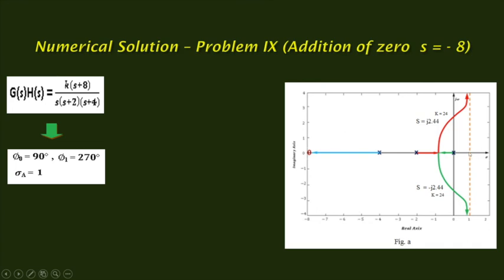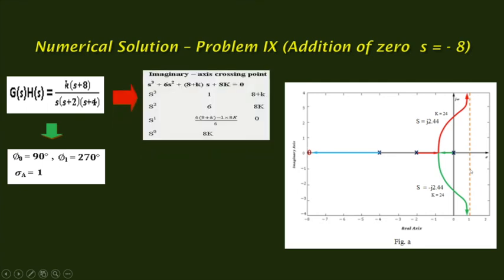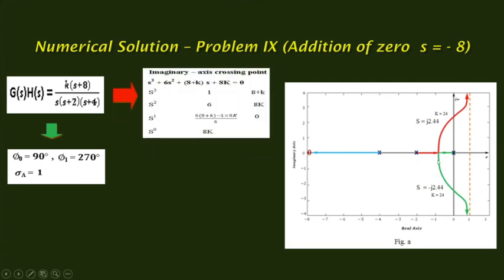And draw the asymptote from the center, sigma A equal to 1. So 1 is the 90-degree angle, and another is the 270-degree angle. These root locus branches move to infinity along these asymptotes.